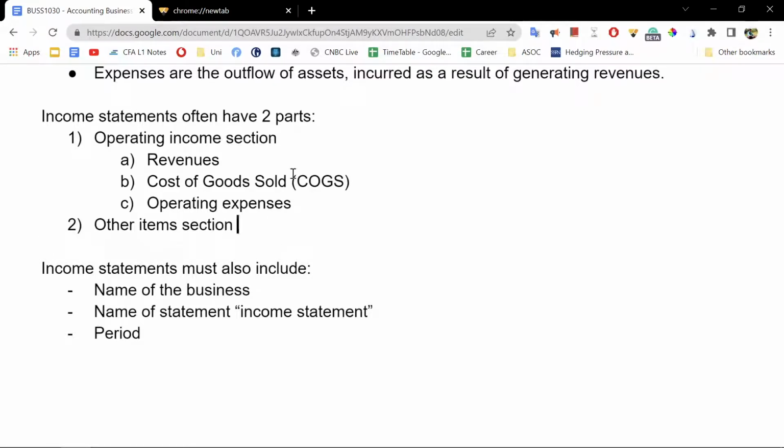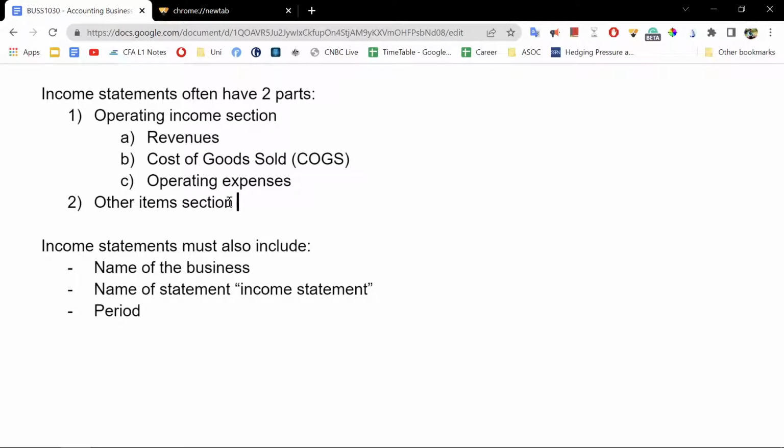Now, why is it broken down into two sections? If we think about it, for example, I own a bakery. I sell bread. I have cost of goods sold, operational costs such as buying flour, labor costs, rent, water, electricity. These are costs of goods sold. Operating expenses perhaps include the purchase of mittens and the purchase of a cash register machine.